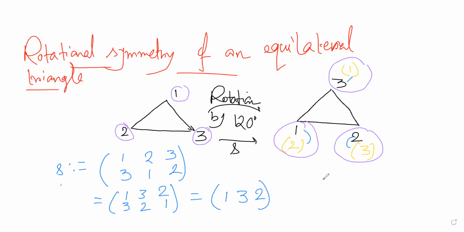Then if I do the same thing, but now the rotation angle will be 240 degrees. So first we have the equilateral triangle 1 2 3, right?